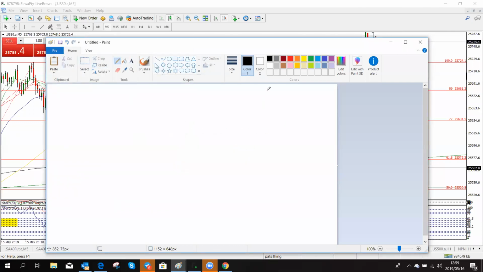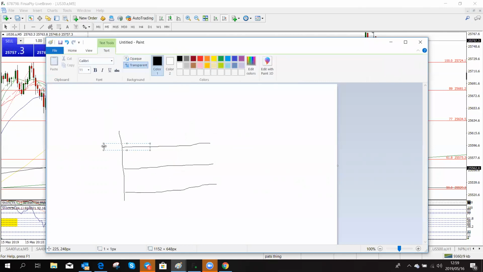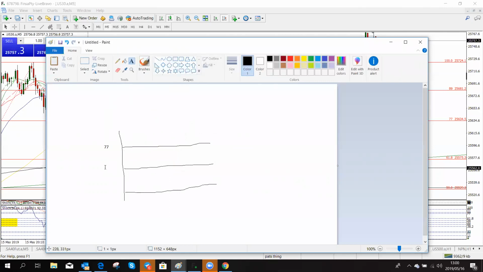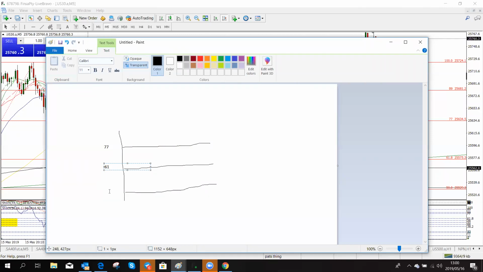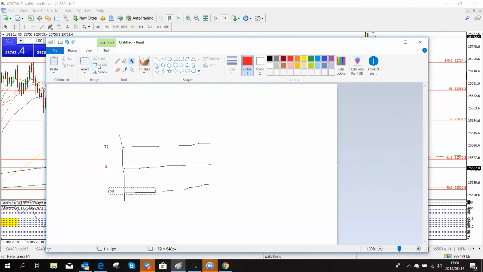Okay, so we've got our fib levels. I'm just going to do this as an example that we're going long. So that is, for example, 77. So that is 61. And that is 50. Trend is up.